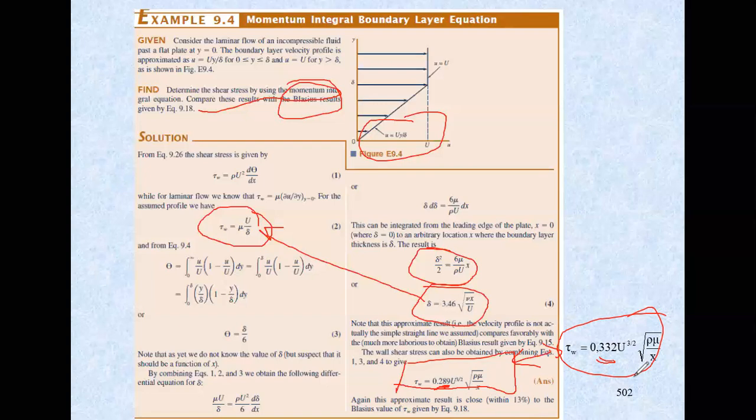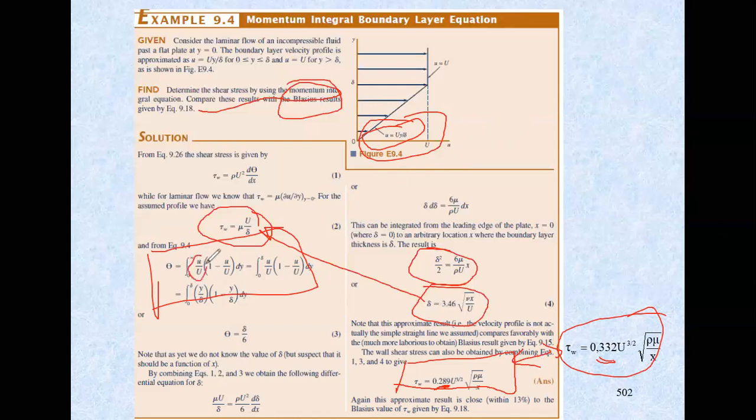So these examples give you a way to find the shear stress or actually any other flow parameters, friction, drag, and so on, by using the momentum integral boundary layer equations. If the velocity profile is given or known, or you can actually assume what's the relation, the velocity profile over here, that will determine this, because when you try to find the momentum thickness, u over U is given.